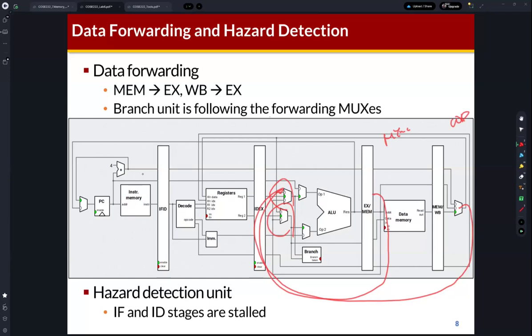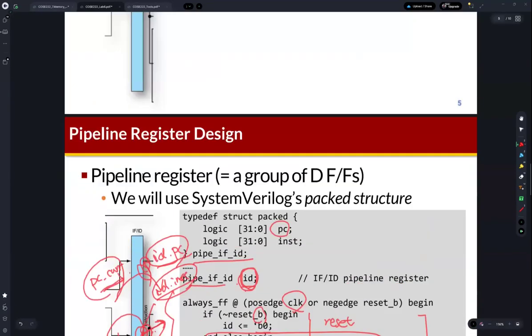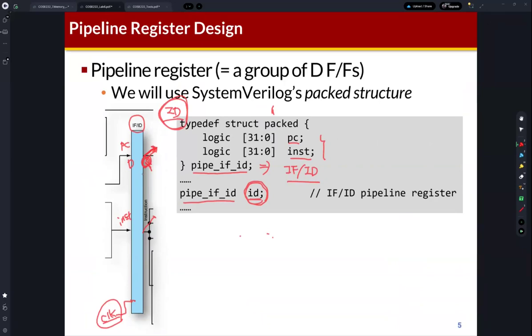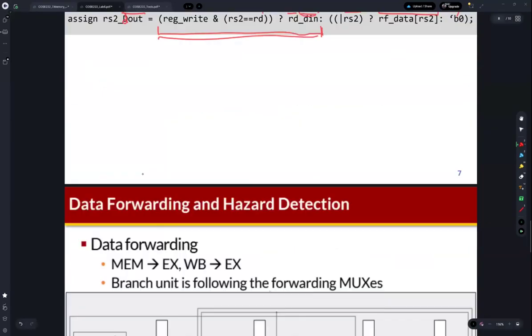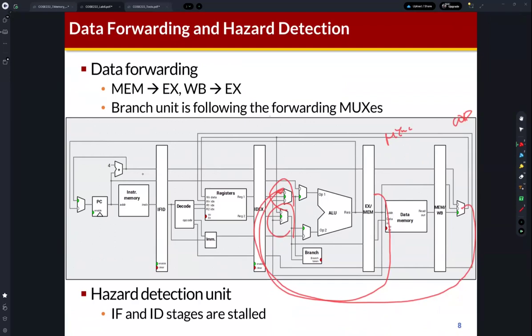And as I mentioned, this is the tricky part. I don't think the pipeline register design is difficult, but the data forwarding can be a little bit tricky. Okay, which means if you make a mistake designing this data forwarding, then you need to debug, but the debugging may be difficult.